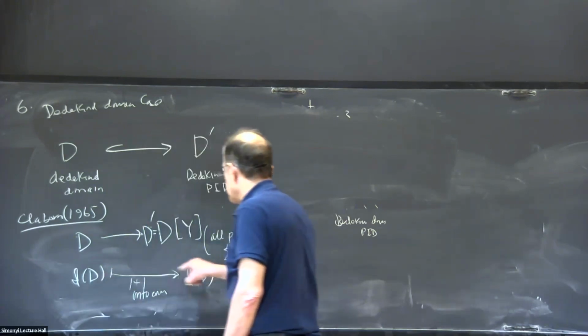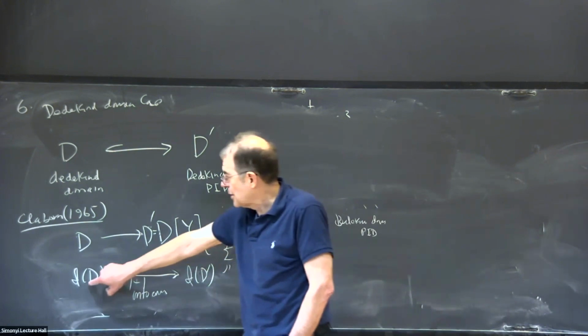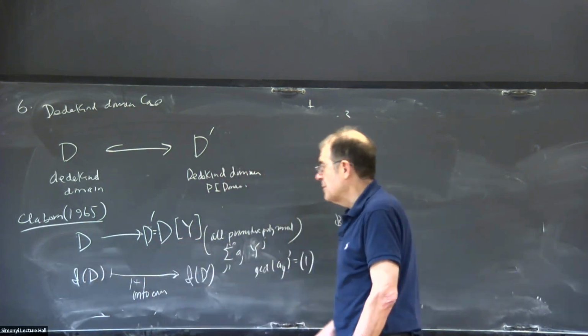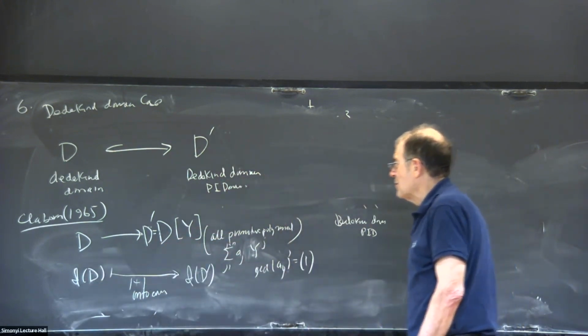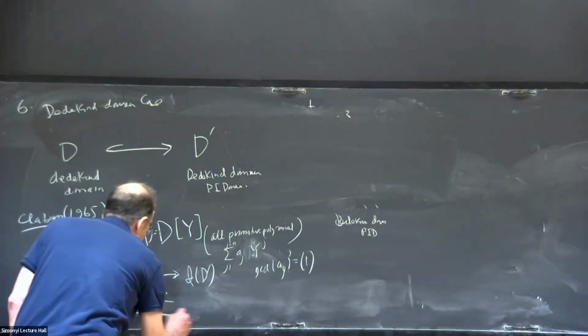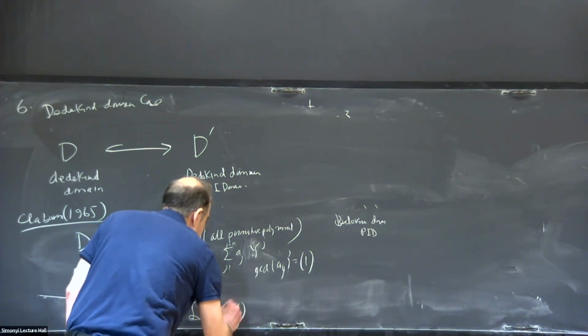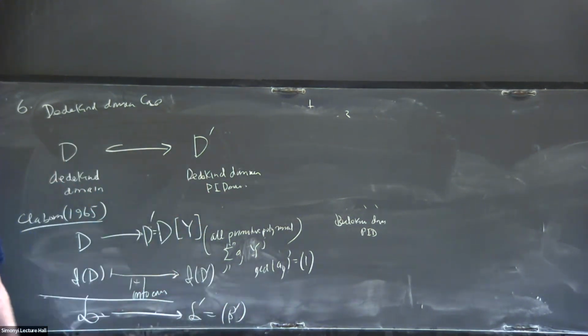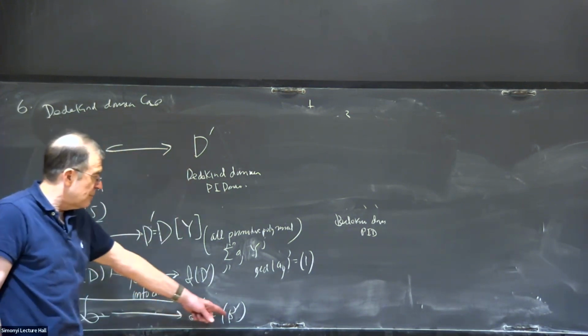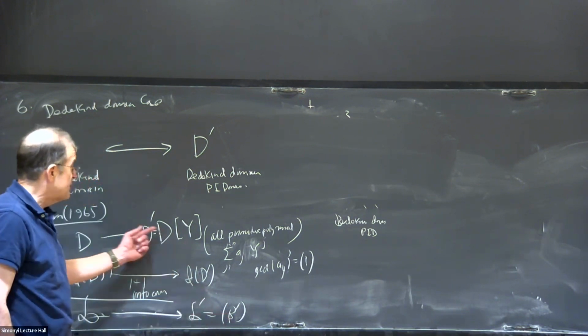In this injection, the extension map composed with the contraction goes right back to the same ideal. You don't get any new ideals. Okay, so we are in a setup where we have an ideal B and we will inject it into an ideal B prime, and B prime will be a principal ideal, so it will have a generator B prime. And once we've got it in there, then we can do the B prime digit expansions for everything that's in D prime.